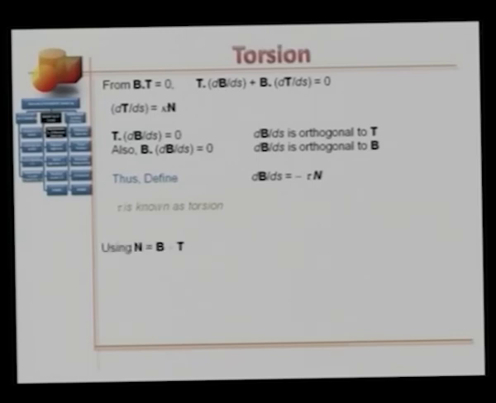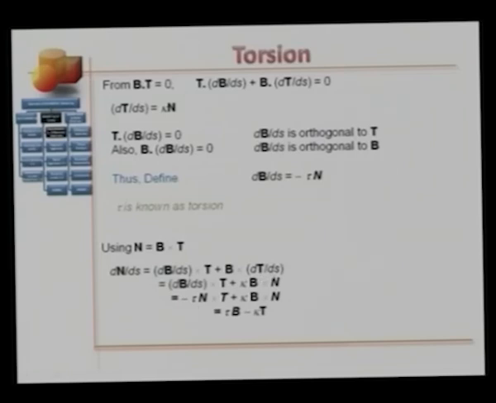Using the fact that the unit normal n is expressed as the cross product between the binormal and the unit tangent, we can write dn over ds as dB over ds crossed with t plus b crossed with dt over ds.